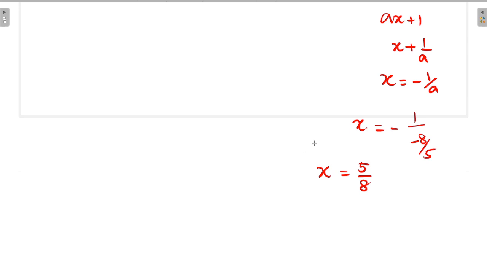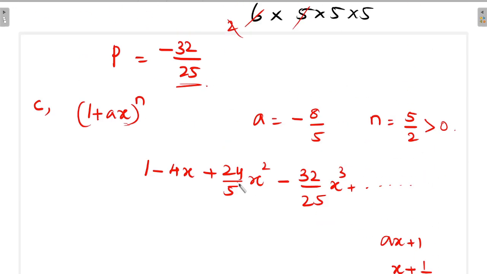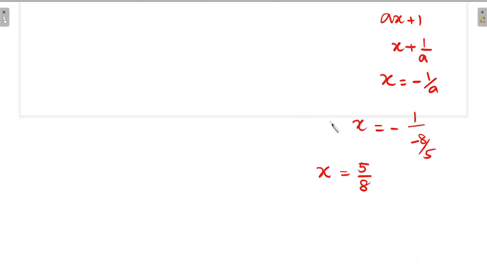But if x is only positive, the expansion will be invalid because alternate terms are negative. Already a is negative. So consider the value of x as the modulus x, that is 5 by 8.